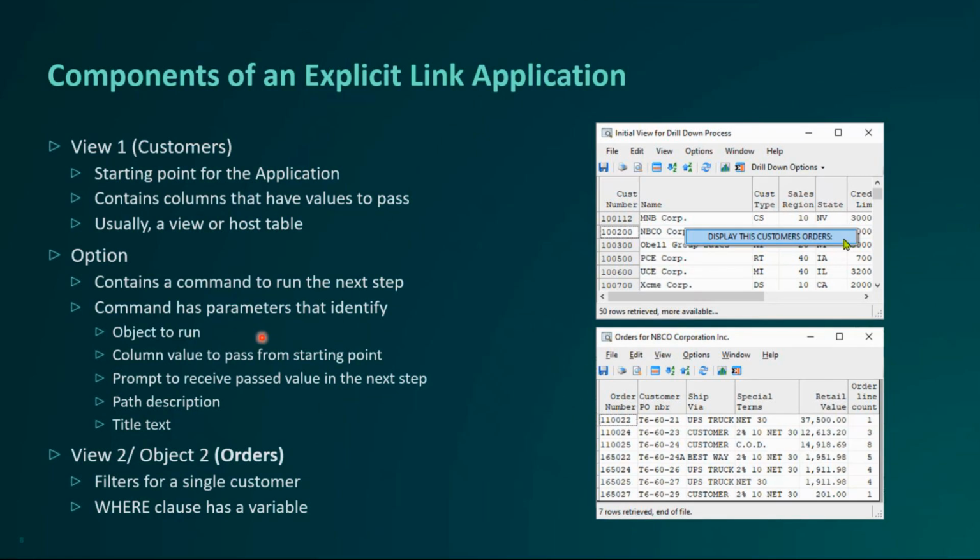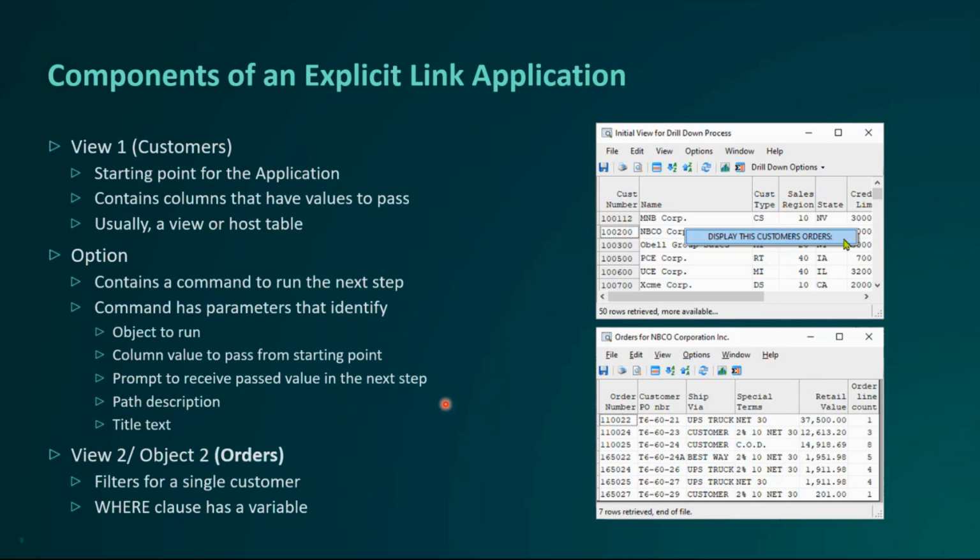The command has parameters that identify what view you want to run at the next step and what column value should be passed to the next step. So in other words, the field name doesn't have to match the variable name in the second level view.